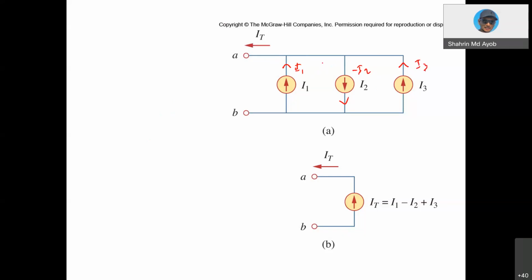So you can make this equivalent to a single current source with a value of I1 minus I2 plus I3. This is an application of the Kirchhoff current law. Instead of drawing three current sources, you can sum them all up into a single source, depending on the direction of the current. If the current is up it is positive, and if it is down it is a negative value.